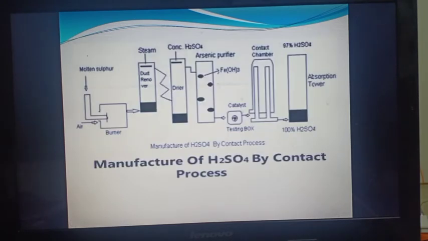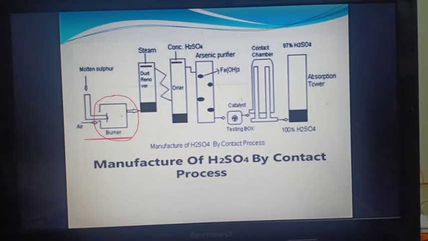Now over here the first step is the sulfur burner. This is the sulfur burner. Over here SO2 gets produced from the sulfur or iron pyrites.